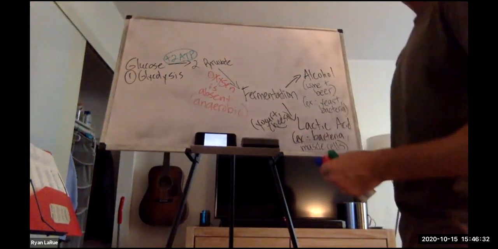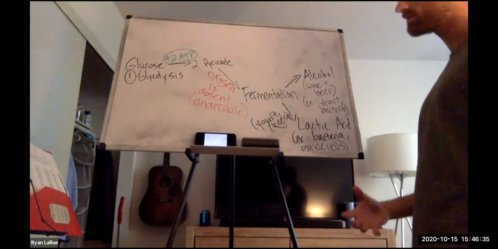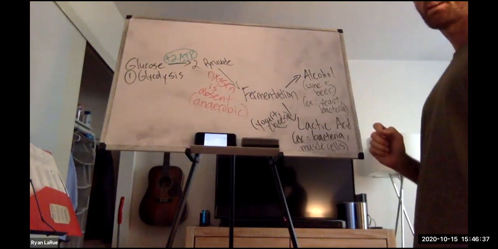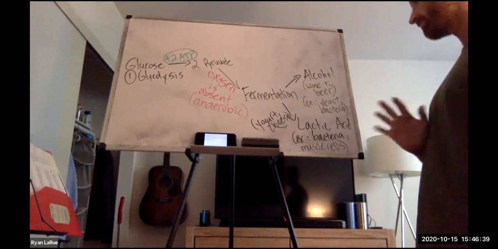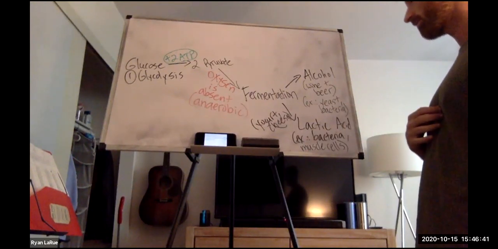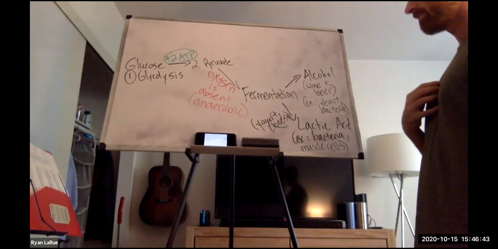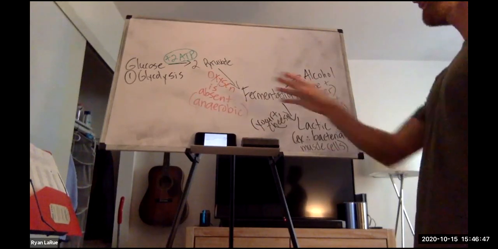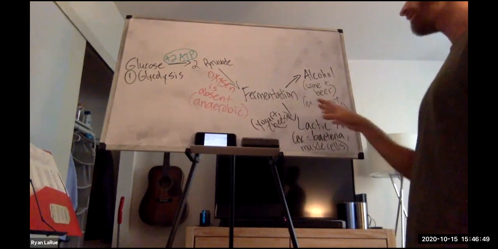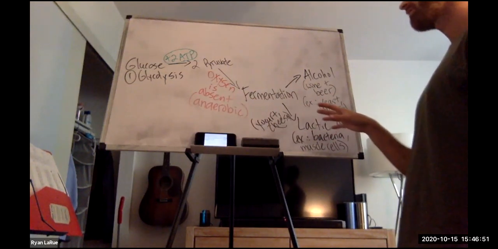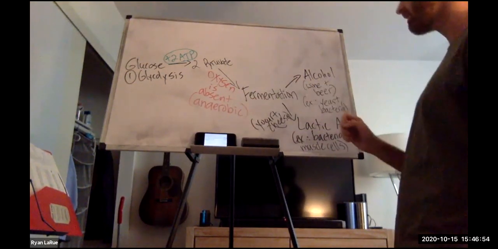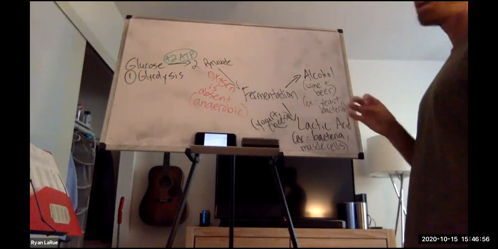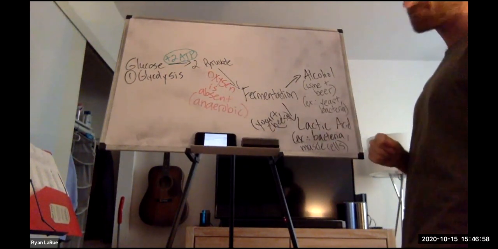The reason being, during strenuous exercise, if you need ATP, actually, before I say that, let me just back up and say that this anaerobic pathway where organisms will ferment pyruvate and produce alcohol or lactic acid happens without oxygen, right? Anaerobic.